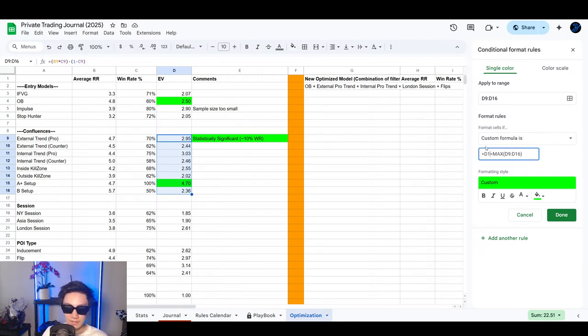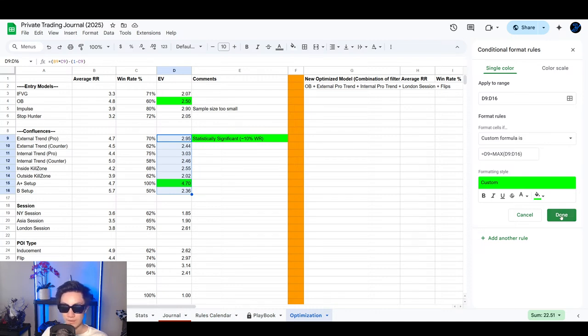I think it doesn't matter if I use D9 or not. Oh no, it does. It starts with D9, so I have to use D9. Not sure what the logic is there. Oh, it's referencing. Gotcha. So it's referencing D9. It needs the initial reference point.